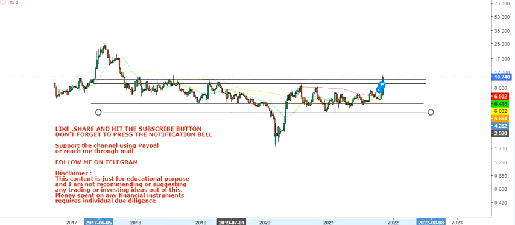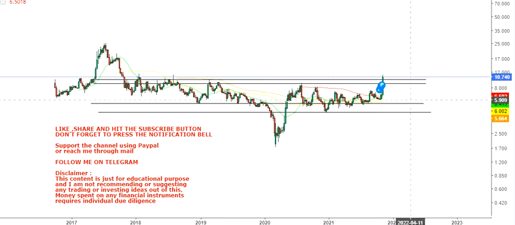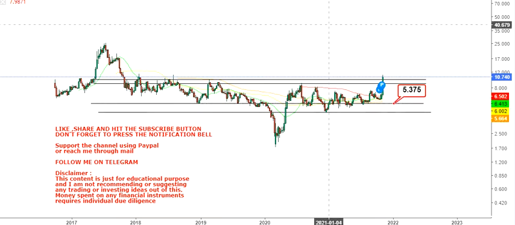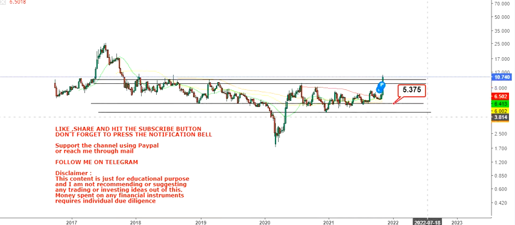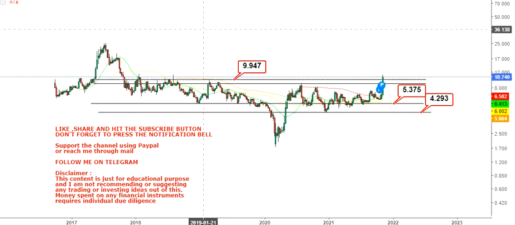First of all, you have four important levels to look at. It's not immediate support but the lower end of the range. So you have 9.94 as your immediate support.